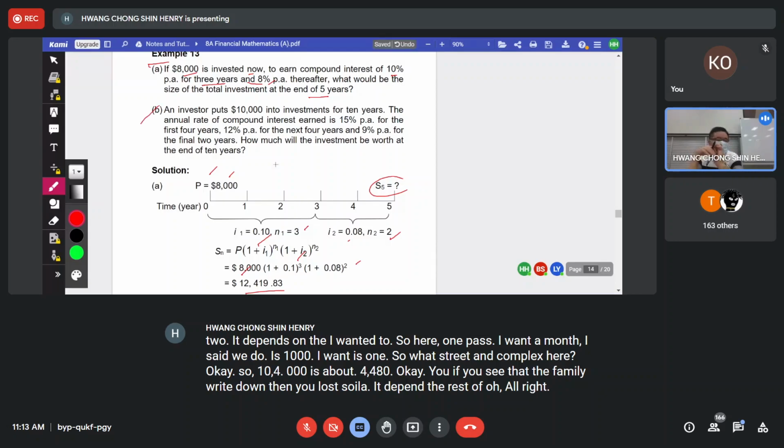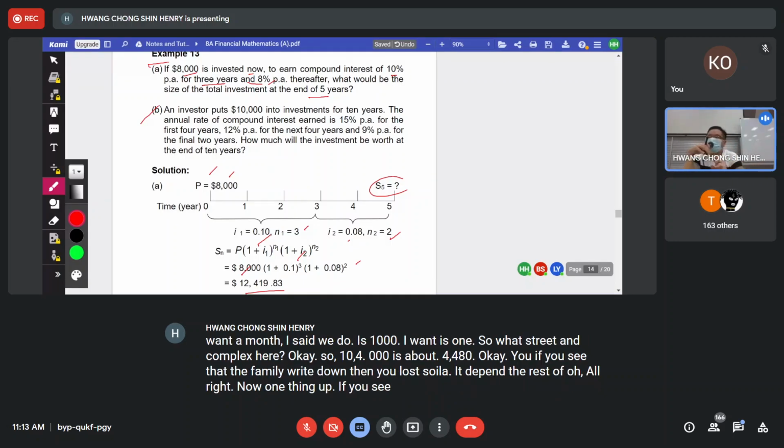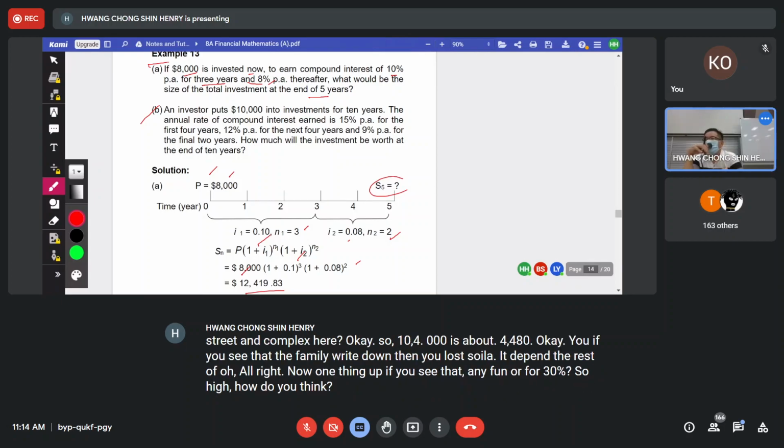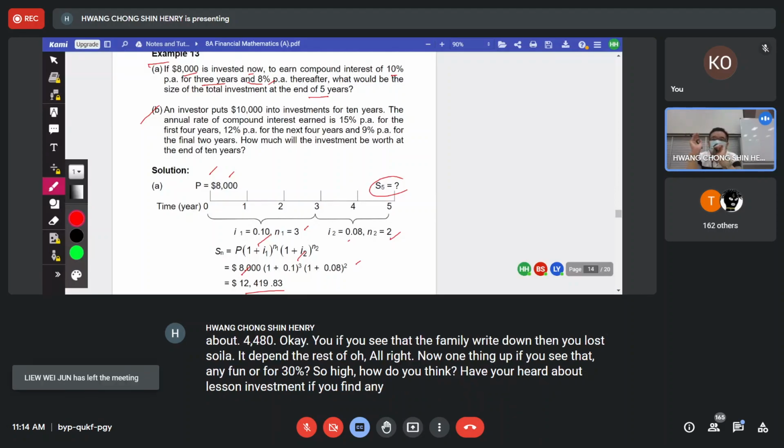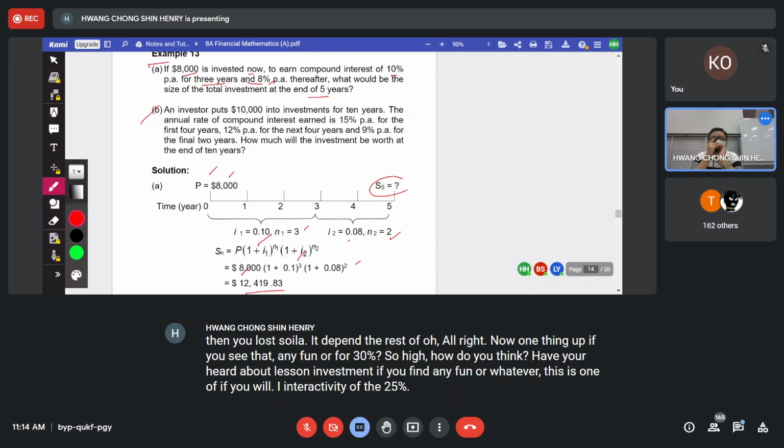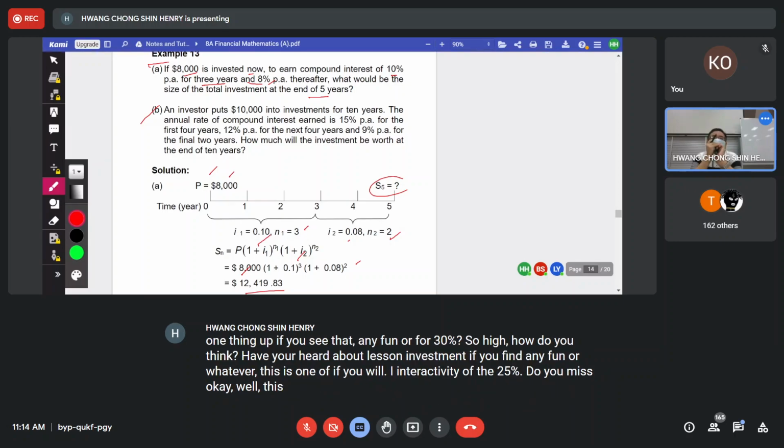Alright, now, one thing. If you see any fund offer 20%, so high, how do you think? Have you heard about lessons in investment? If you find any fund that gives a very high interest rate, 15 to 20 or 25%, do you want to invest? Careful, this may not be true.